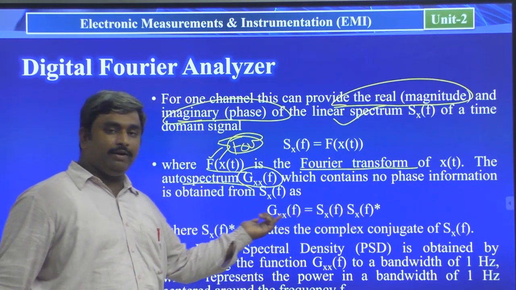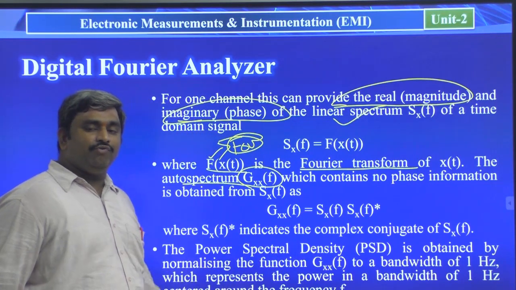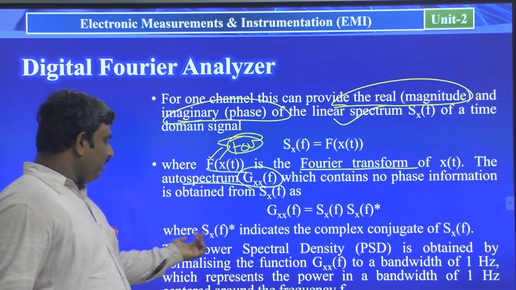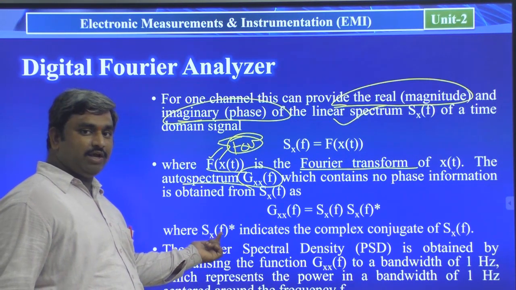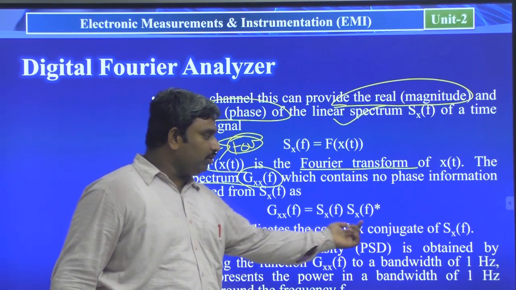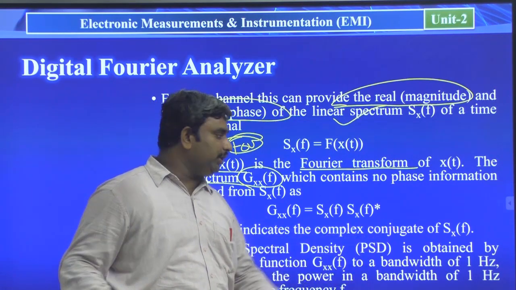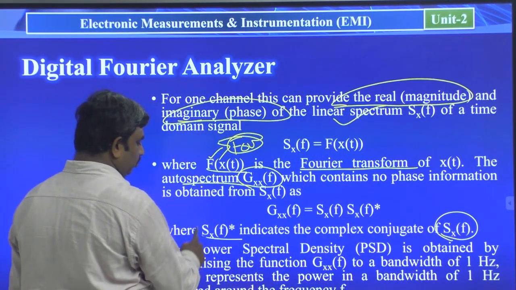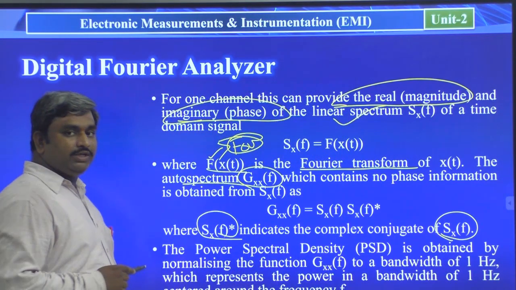Both signals multiplied, you will get the autocorrelation function Gxx of f, where Sx of f star indicates the complex conjugate of Sx of f. This complex conjugate of Sx of f is equal to Sx of f star.